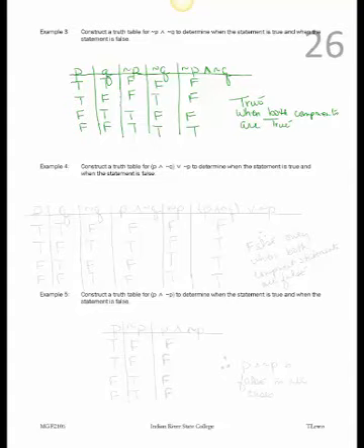Example 4 says construct a truth table for, in parentheses, P and not Q, then or not P. So we have a lot going on here. All right, so let's start off with our two simple statements, P and Q. So we know the foundation, how we're going to write this out.